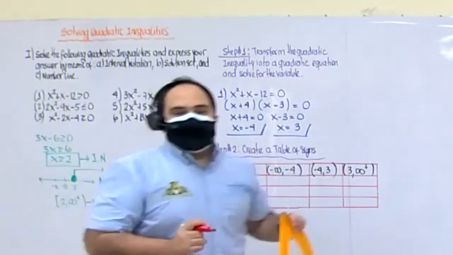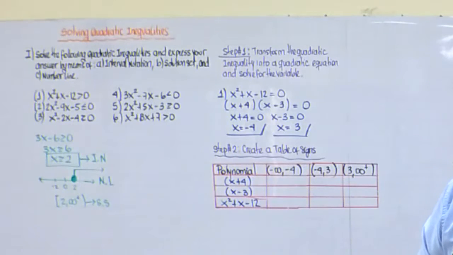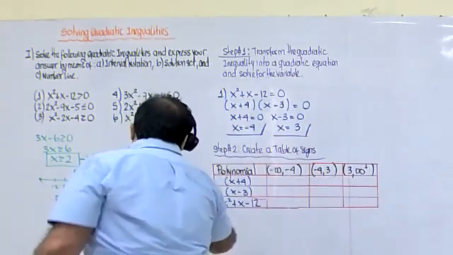Okay, we're creating the table of signs. Now, what will be the step number 3? The step number 3 is simple.